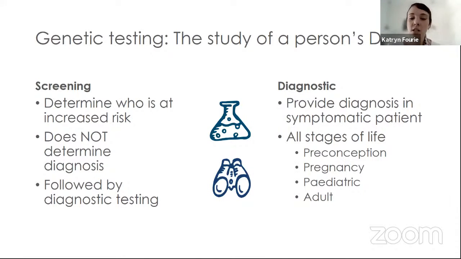Then your diagnostic testing is obviously the next step in those cases where screening has identified a high risk, and it then gives you a definite diagnosis, often in a symptomatic patient, but not always. And diagnostic genetic testing is done pretty much at all stages of life: pregnancy, pediatric, adult. So it's always involved.